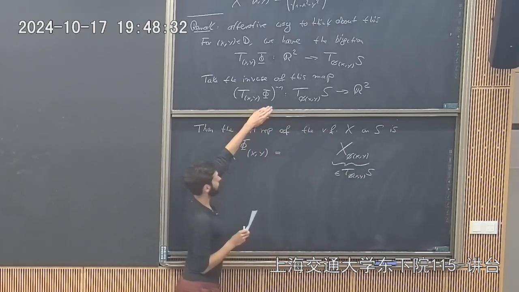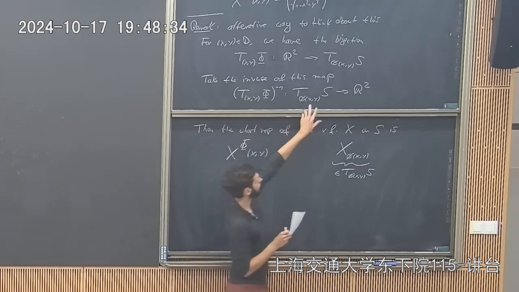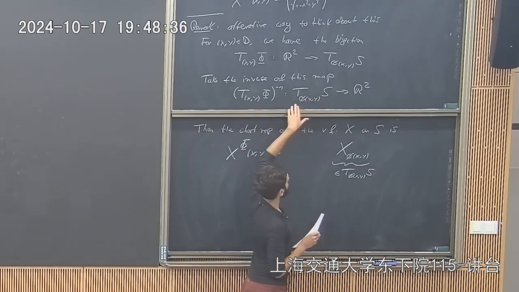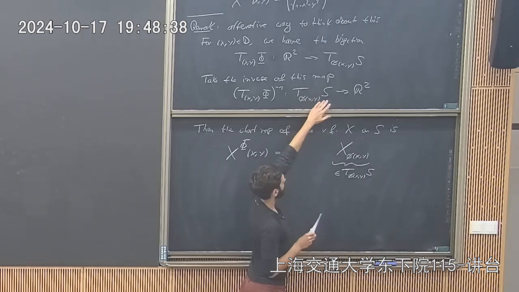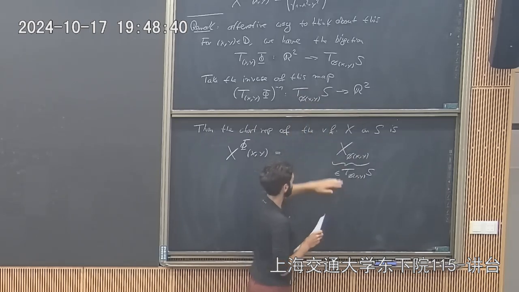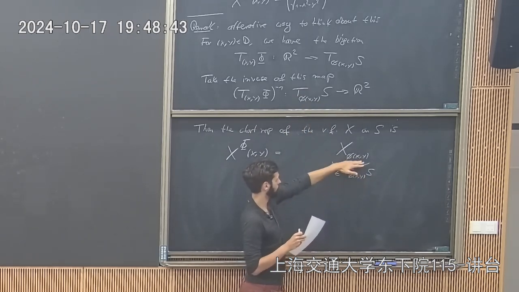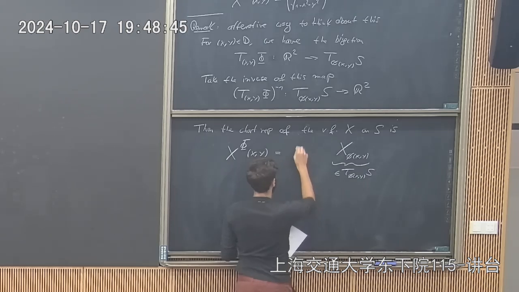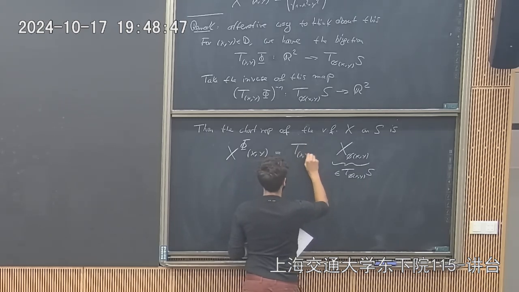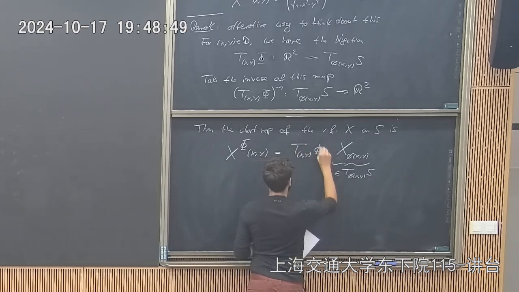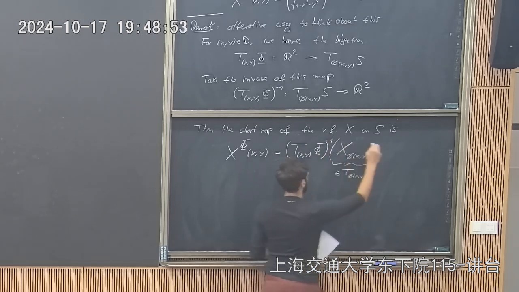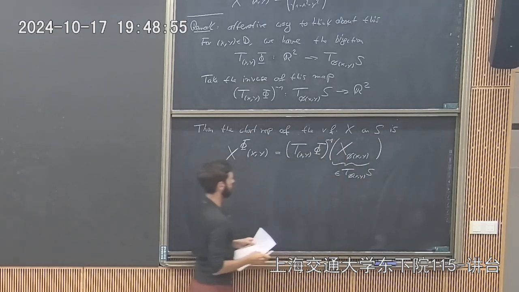So we get now a tangent vector at that point. And now we have that inverse map that maps tangent vectors from S into R2, so we can apply it to this tangent vector.